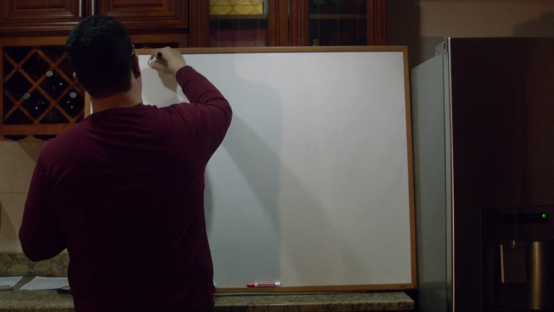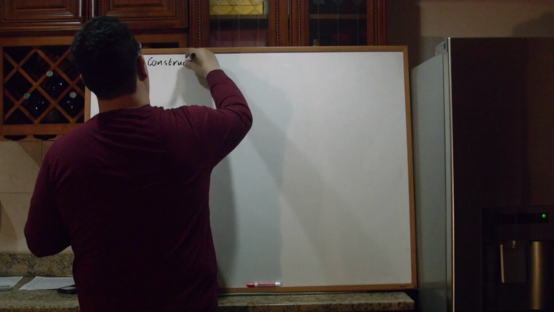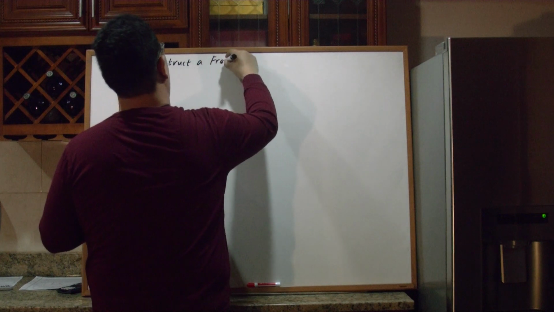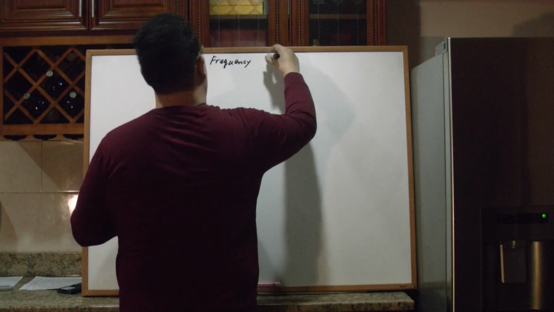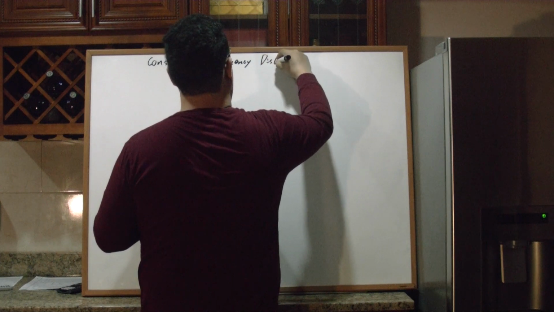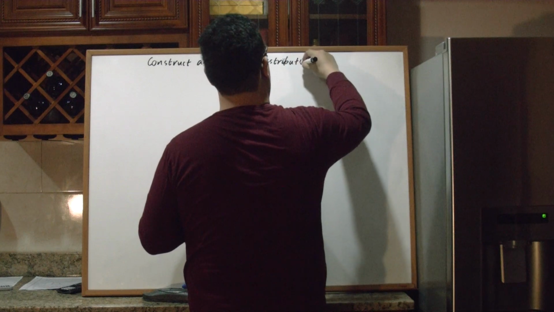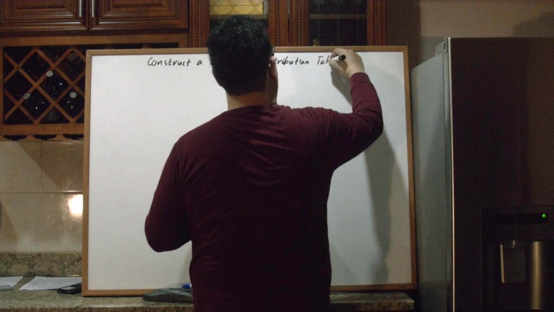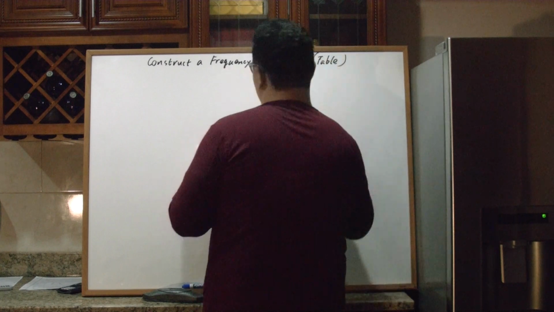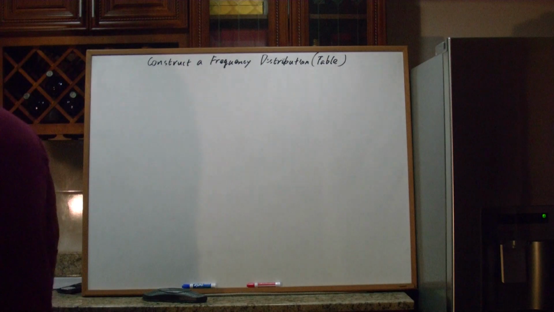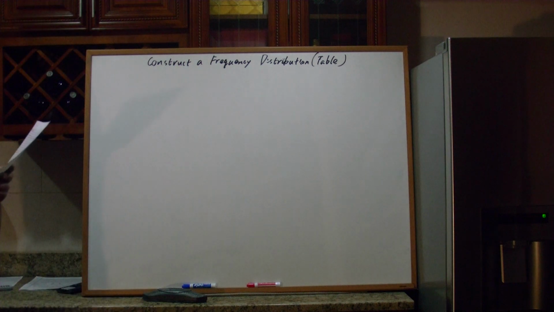But before that, let's see how we construct a frequency distribution from individual data. Constructing a frequency distribution basically refers to constructing a table.